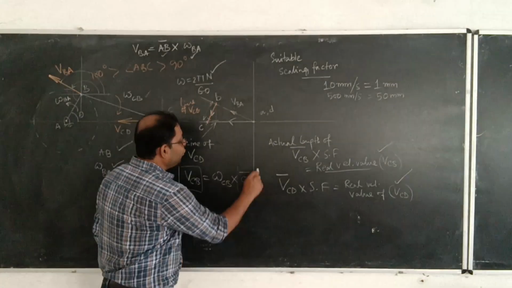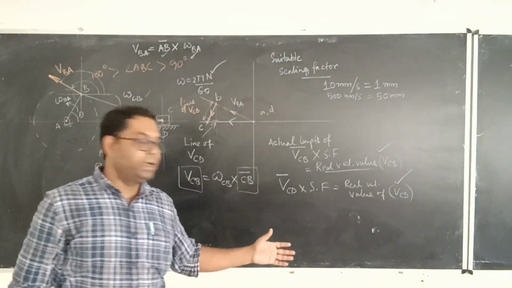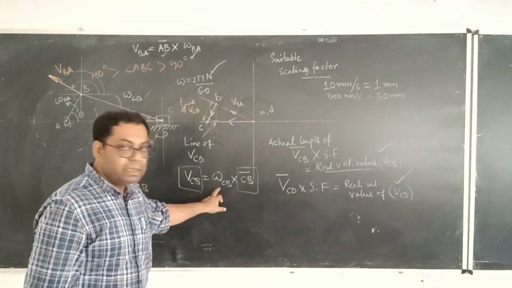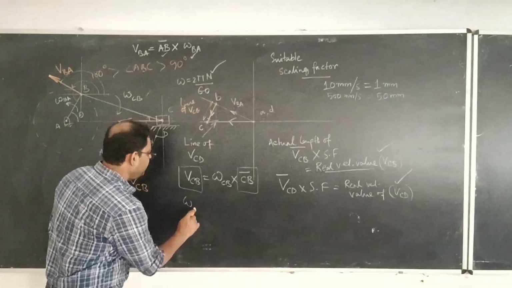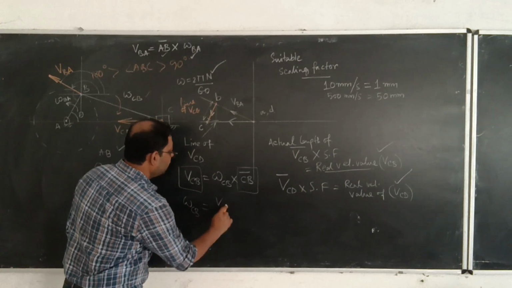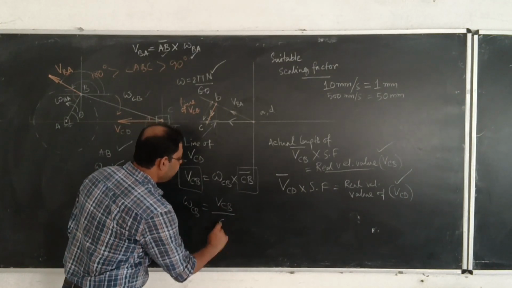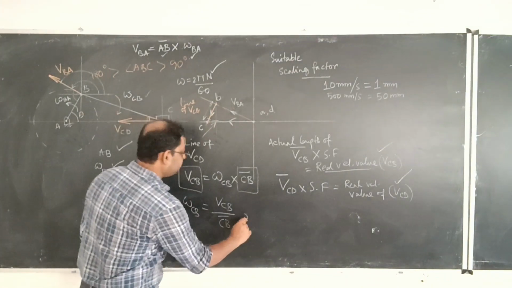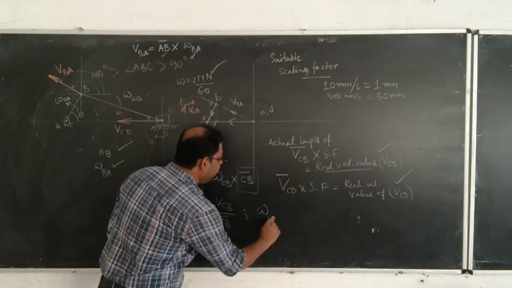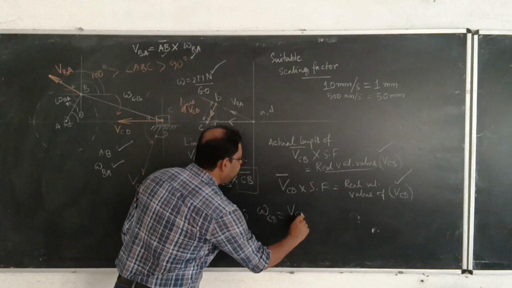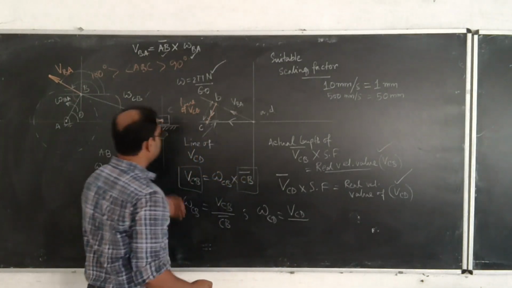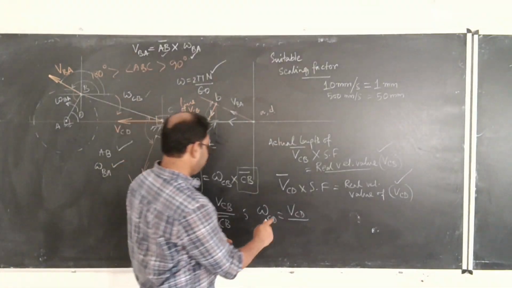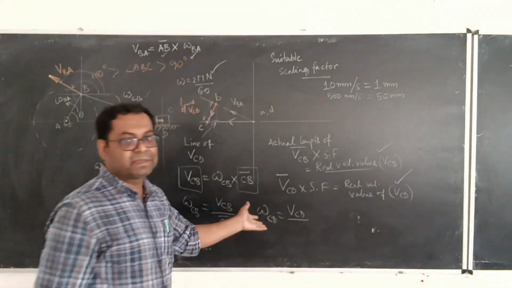In the problem, it will already be given as given data. So the only unknown is omega CB. So omega CB should be VCB divided by the CB length, and similarly omega CD should be equal to VCD divided by this particular length. Sorry, omega CD is not coming.